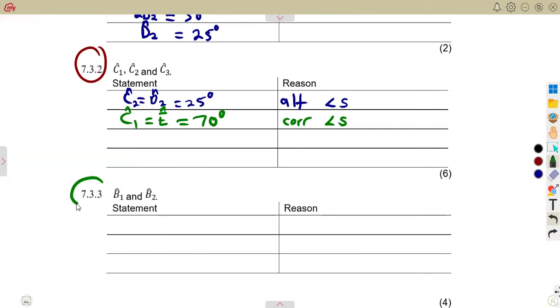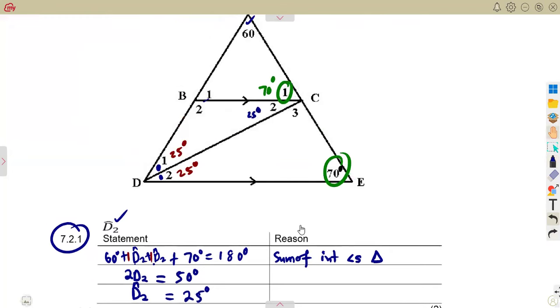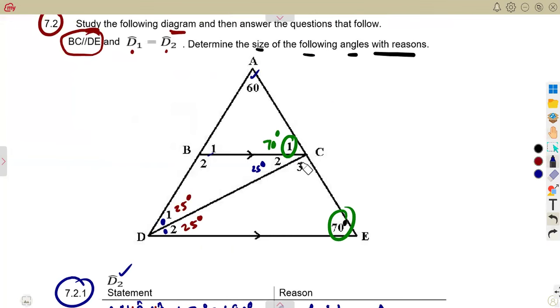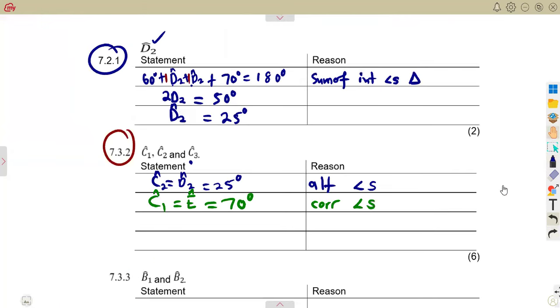We need another angle there, which is C3. Angle C3 is here, so you can consider angles on a straight line. Since we have got the other angles, the 70 and the 25, we can remove this from 180 degrees. So we can calculate angle C3.